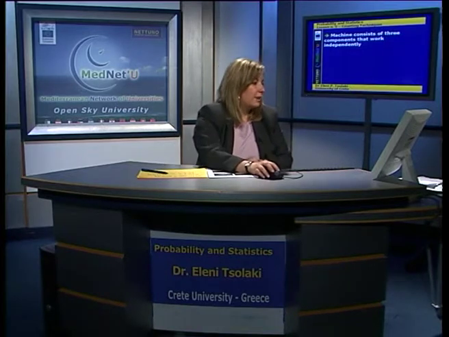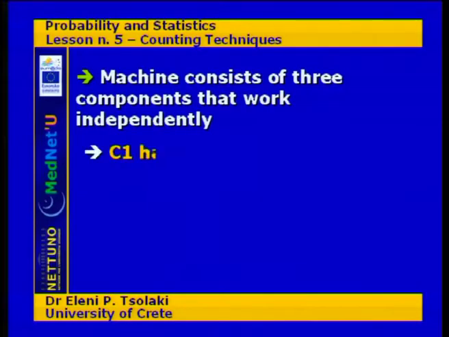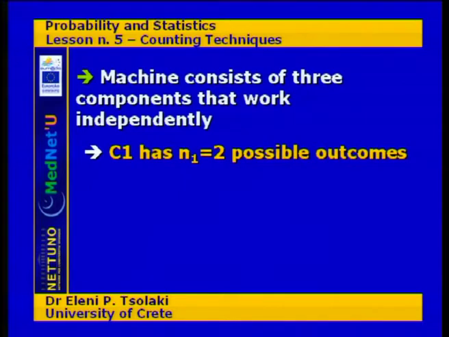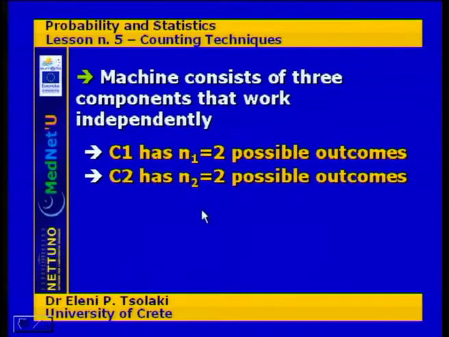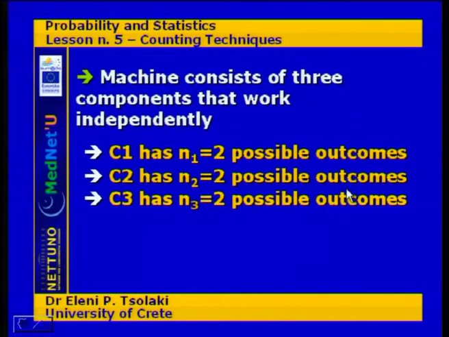And we have that C1 has 2 possible outcomes, either works or not. C2 has also 2 possible outcomes, it works or not. And C3 has also 2 possible outcomes, it works or not.